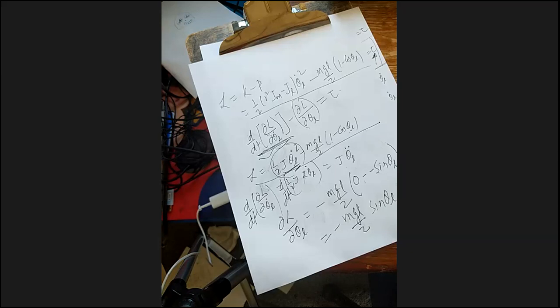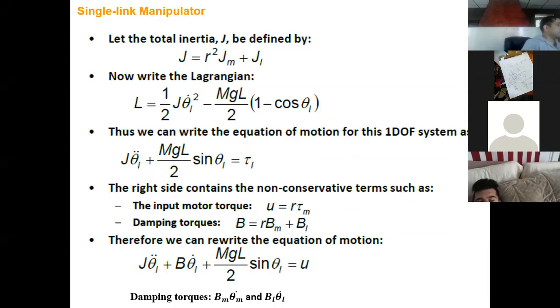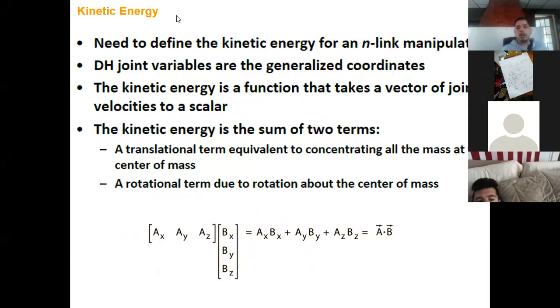Now we realize that this is important for us. Now let's try to generalize this for the N link. From single link to N link robot, that's what I'm taking you guys through. So this is what we did. Now let's do the N link.